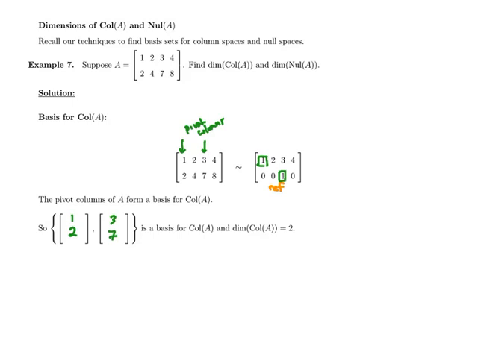And that's going to form a basis for the column space, which means that the dimension of the column space will be 2, as there are 2 vectors in that basis. So for the column space, we look at where the pivot columns are, and then we use the original columns in the matrix to form the basis.